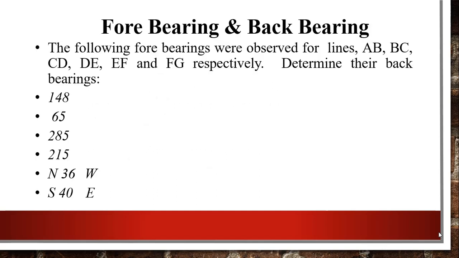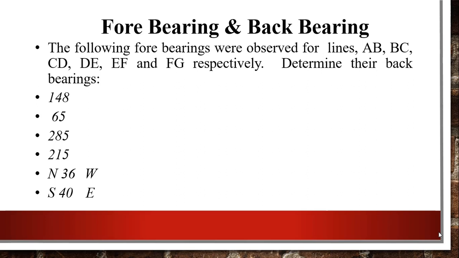Now, the next concept deals with the forebearing and back bearing. The following bearings were observed for lines AB, BC, CD, DE, EF and FG respectively. Determine their back bearings. Basically, I would like to tell you what is meant by forebearing. Forebearing is measured in the progress of the survey line and the back bearing is measured in the opposite direction of the progress of the survey line, okay.